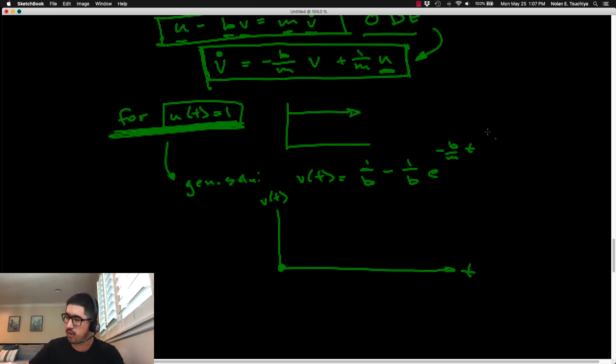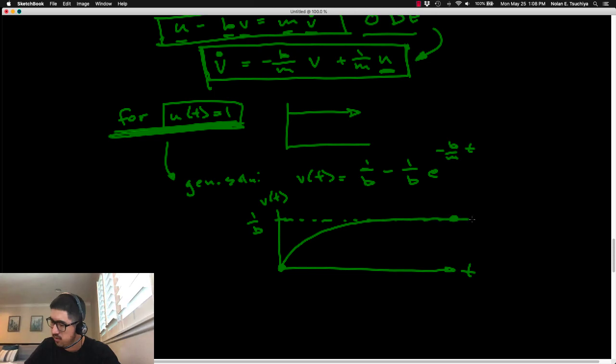So this whole exponential decays to 0, and we're just left with a constant 1 over b. So way out at t equal to infinity, we have a constant value of 1 over b. And in the middle, we basically have a constant value, and from it we're subtracting this decaying exponential. So what does that look like? Well, it looks like this.